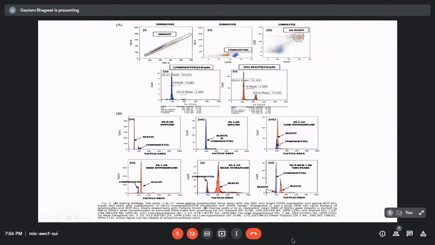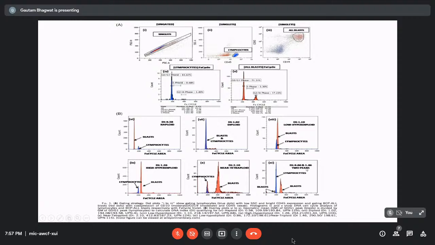These blasts have just a bit more intensity than lymphocytes, and here the DNA index is 1.10, low hyperdiploid. Here the DNA index is 1.26, that is high hyperdiploid. In this last graph, you see two peaks of blasts. So there are twin peaks, DNA index 0.86 and DNA index of 1.46.